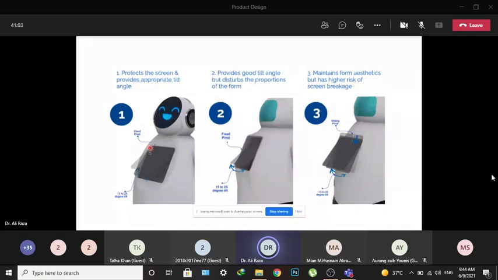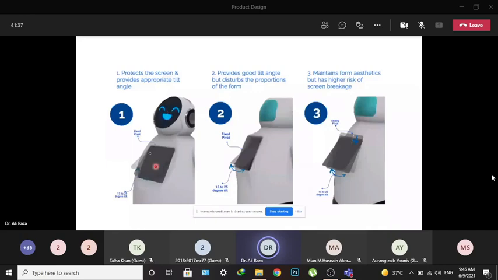But there was one challenge over there: are we going to remove the facial expression or face from the screen above on the head and place certain textual or other user interfaces on this screen, or alternatively, we need to have a dedicated screen for the robot on the torso, which allows the robot to have the interaction with the person by allowing some Android or other devices to the person.